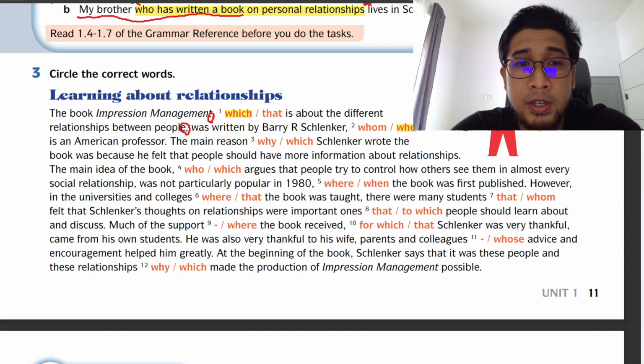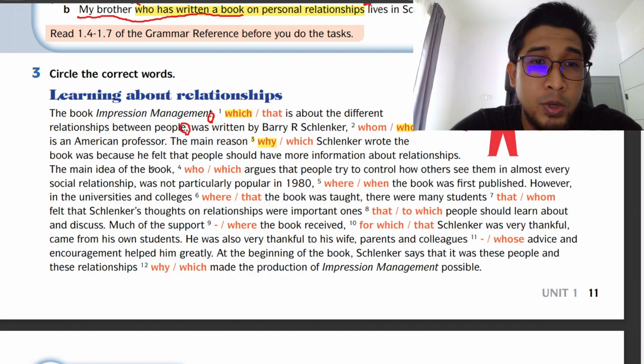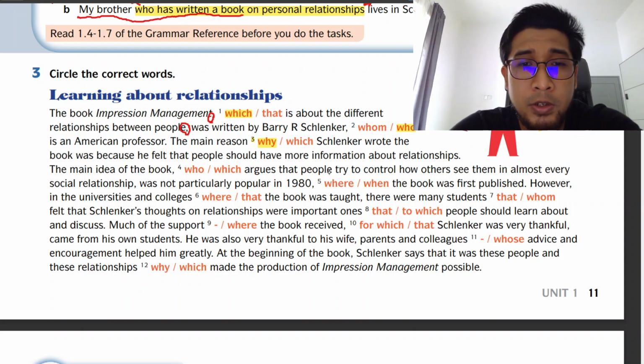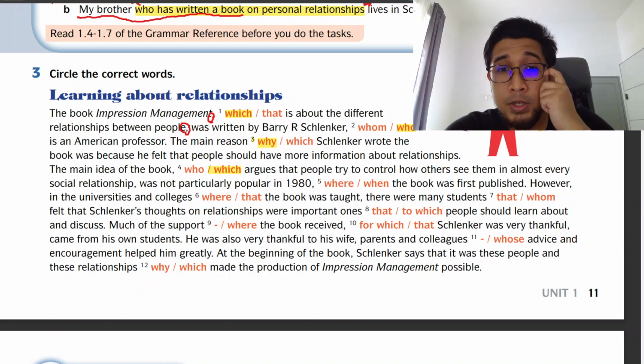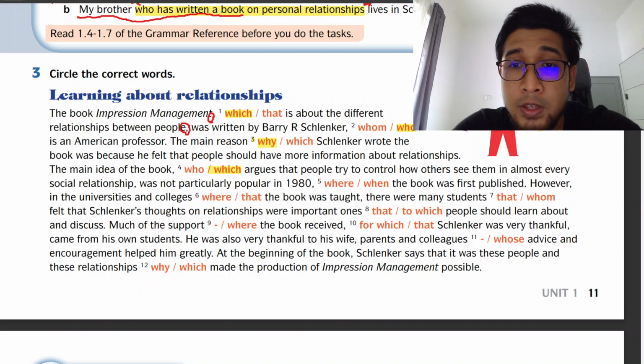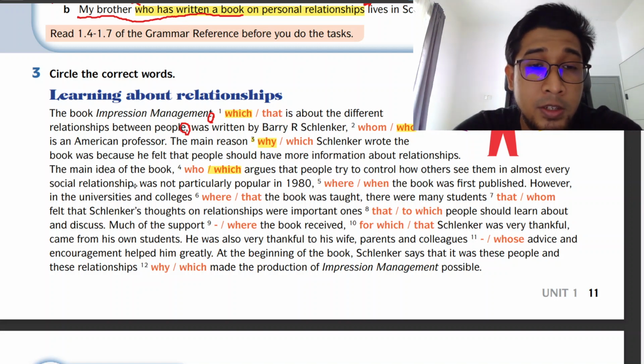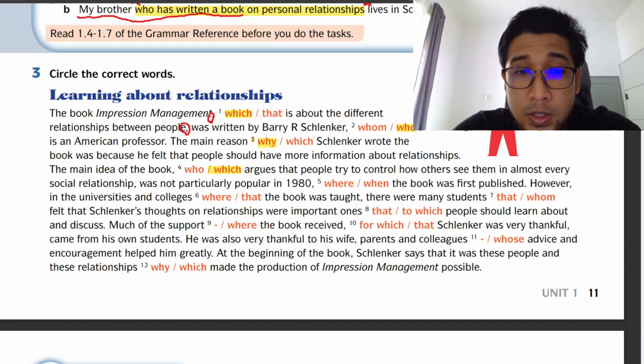The main reason why Schlenker wrote the book was because he felt that people should have more information about relationships. The main idea of the book, who or which? It's not a person, right? So which argues that people try to control how others see them in almost every social relationship, was not particularly popular. Not particularly, ini tidak begitu. Not particularly popular in 1980.